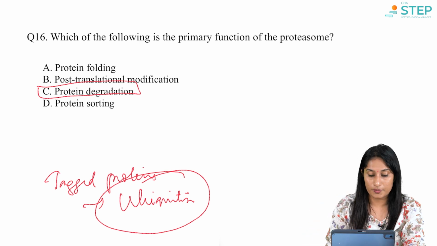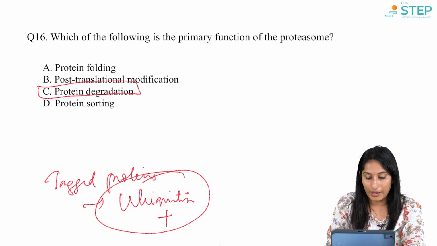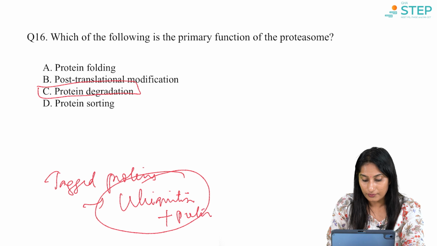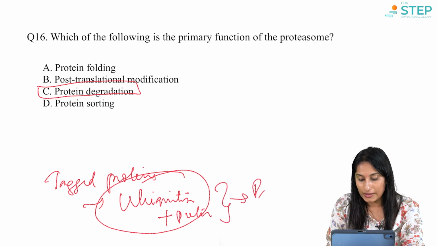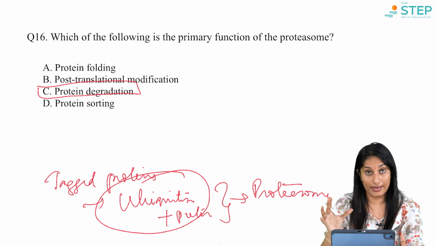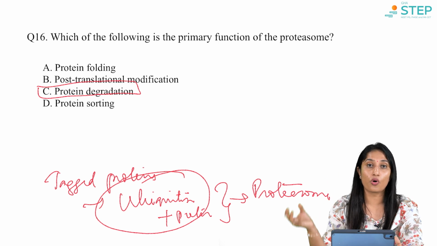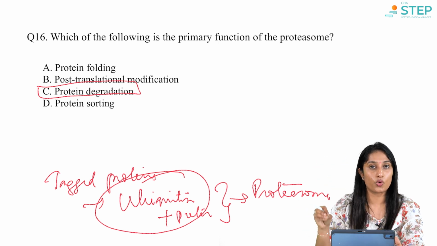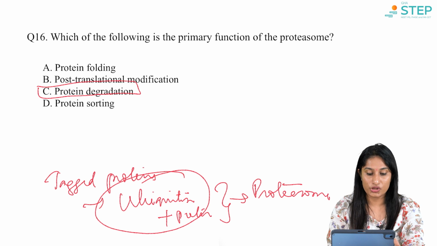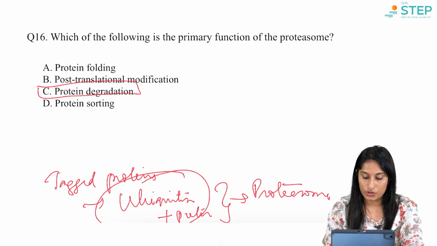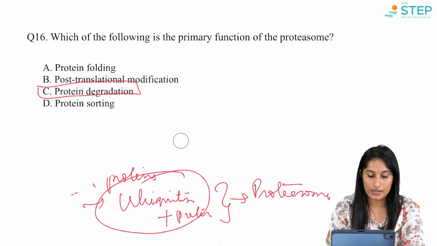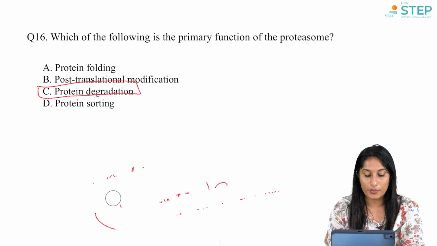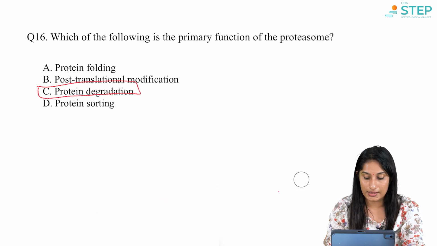So, ubiquitin is a protein which will bind to the protein, and these proteins will enter into the proteasome. So, the proteasome is a complex where all the faulty proteins go and protein degradation will take place. So, the correct answer is option number C. Proteasome helps in protein degradation.